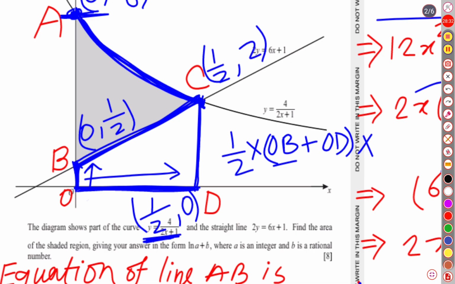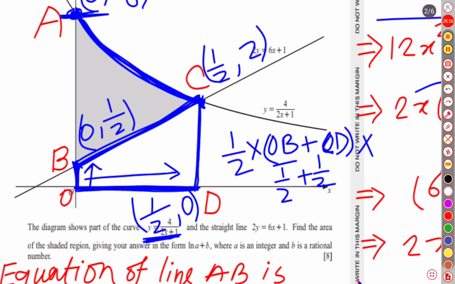So O to B, how much have we got? This is half. Then the sum of OB plus CD, sorry, it is not OD. OB plus CD, the two parallel sides. CD is what?